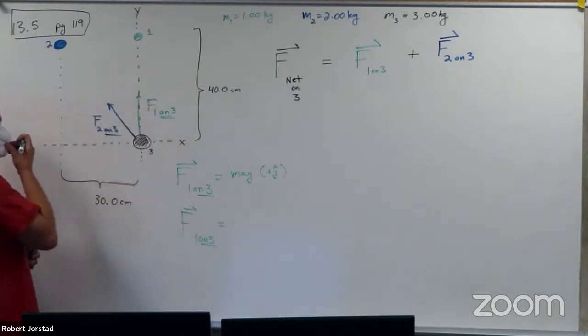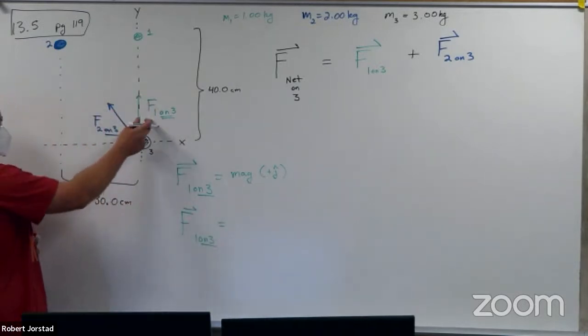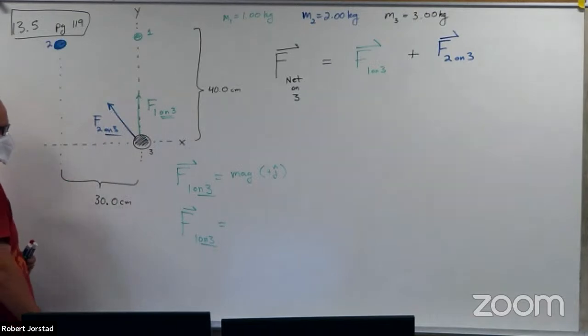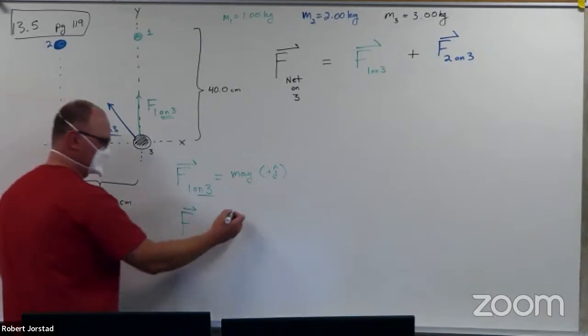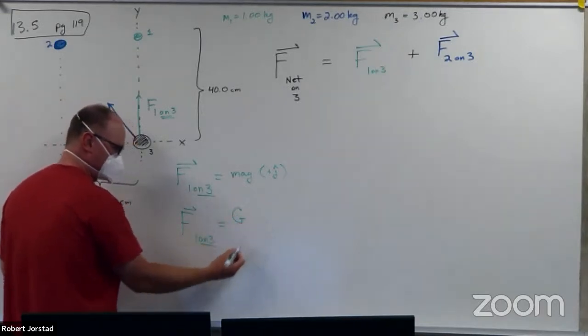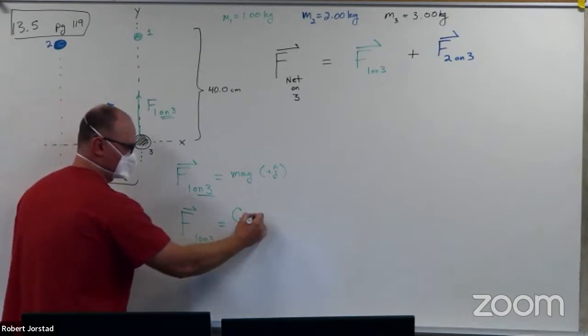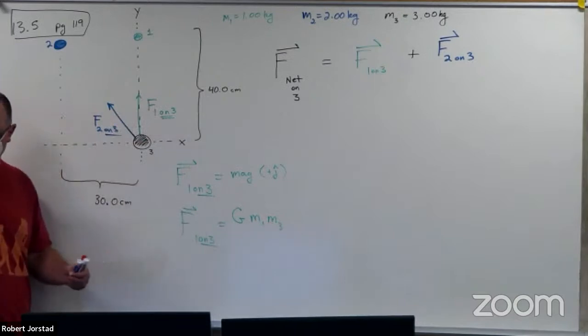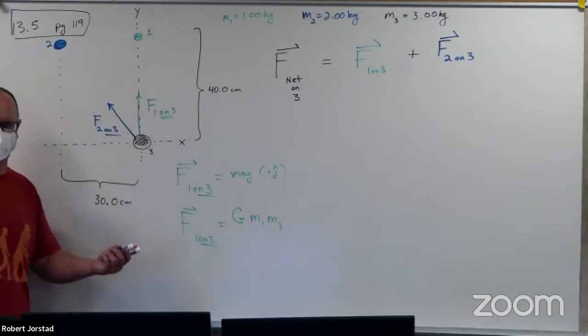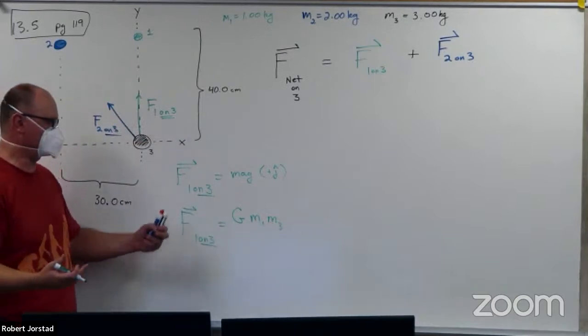What is the magnitude of it? What was the equation for the magnitude of gravitational force? G, and 1 and 3, because we're dealing with 1, 3 now. See, we don't want 1, 2. Okay, so now you know why I was being so insane about these subscripts.